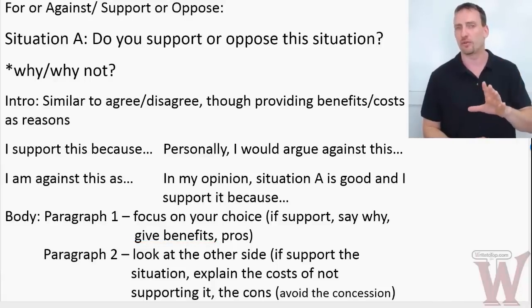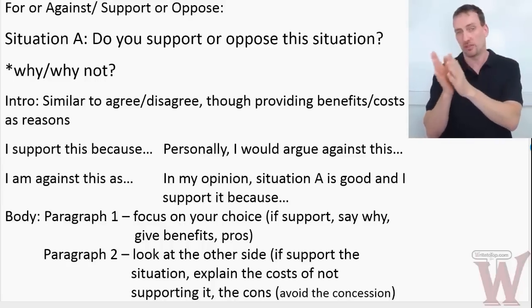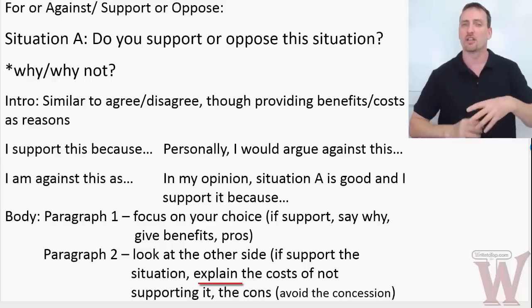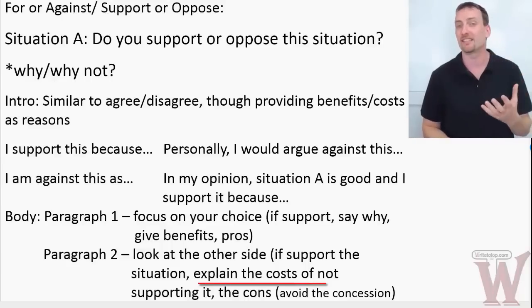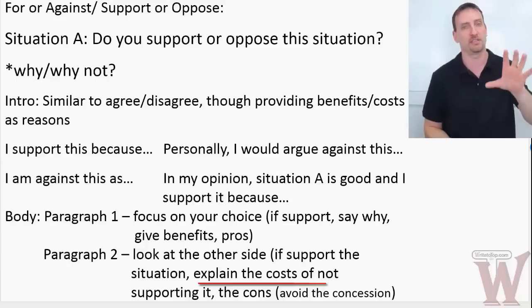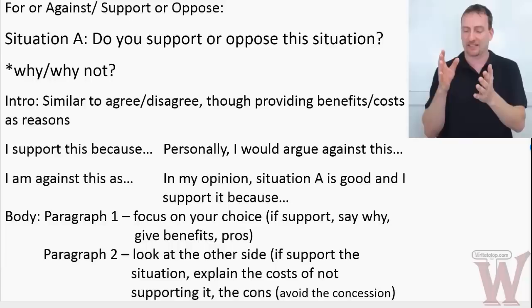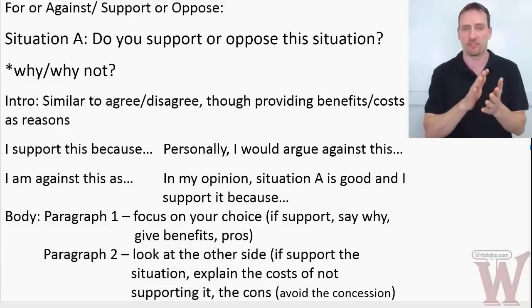In paragraph 2, don't write a concession. Don't say what somebody else might argue against you. What you want to do is you still want to look at the other side, but you want to look at the costs. So what are the costs? What are the disadvantages of not building that supermarket or that shopping mall, right? Because what you're doing, you're still supporting your reason.